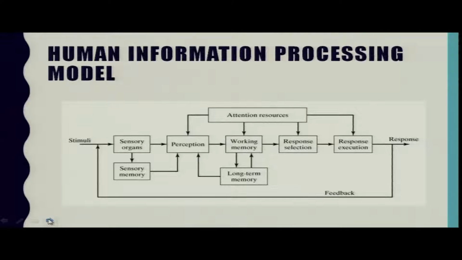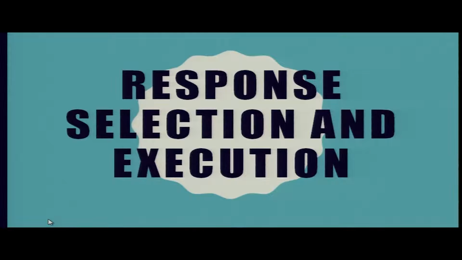Now, since we are following this particular model, we have completed sensory organs, sensory memory, perception, working memory, long term memory, attention resources, and the part left is response selection and response execution. So today we will take these topics and enhance our understanding of cognitive ergonomics: response selection and execution.